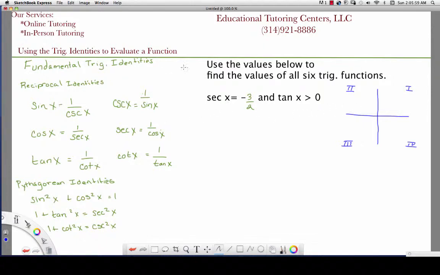And what that will help you to remember is that in the first quadrant, all of your basic trig functions are positive, and in the second quadrant, sine is positive. In the third quadrant, the tangent is positive. And then in the fourth quadrant, the cosine is positive. And so that's all students take calc.